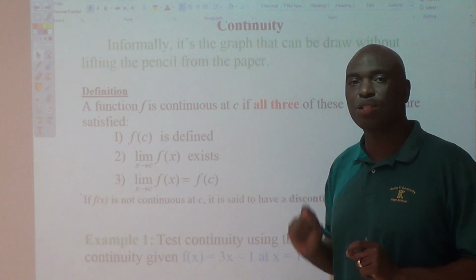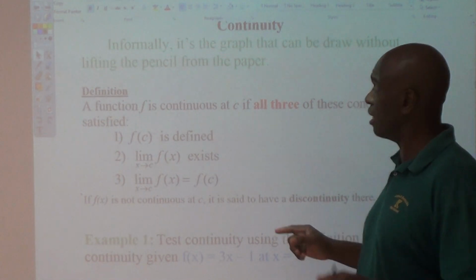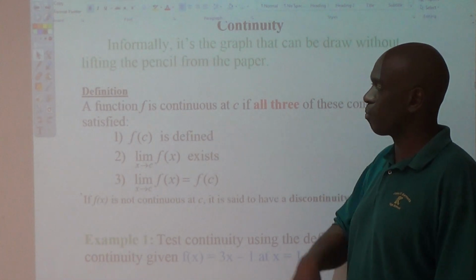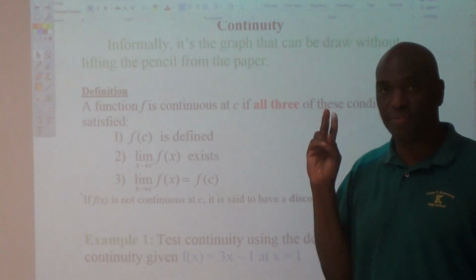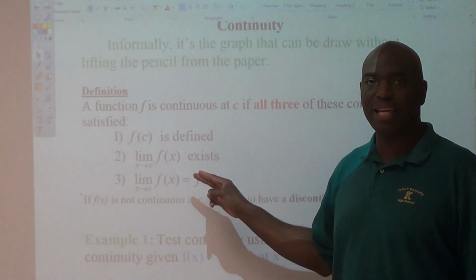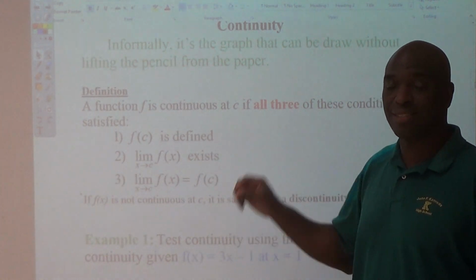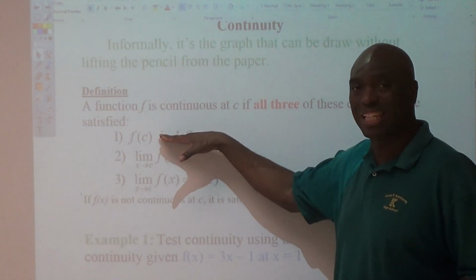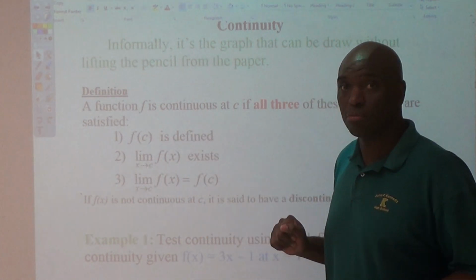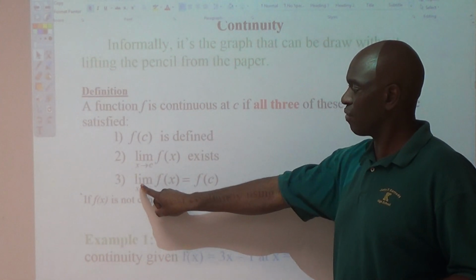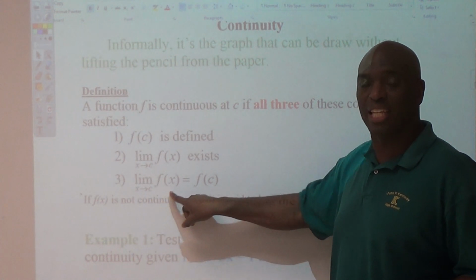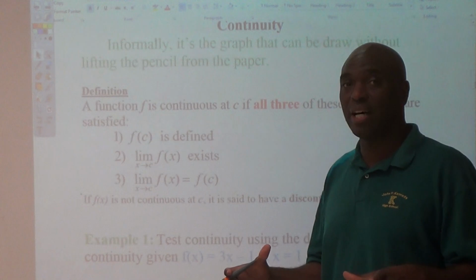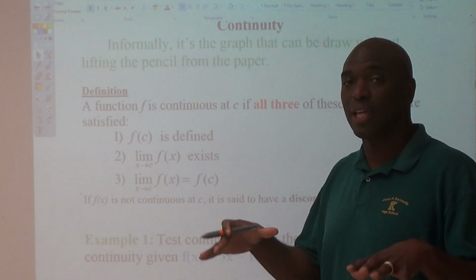A function is continuous at a value c if all three of these conditions are satisfied. 1, f of c is defined. 2, the limit as x approaches c of f of x exists. And 3, condition 1 equals condition 2. If the limit as x approaches c of f of x equals f of c, which is condition 1, that's what defines a function that is continuous.